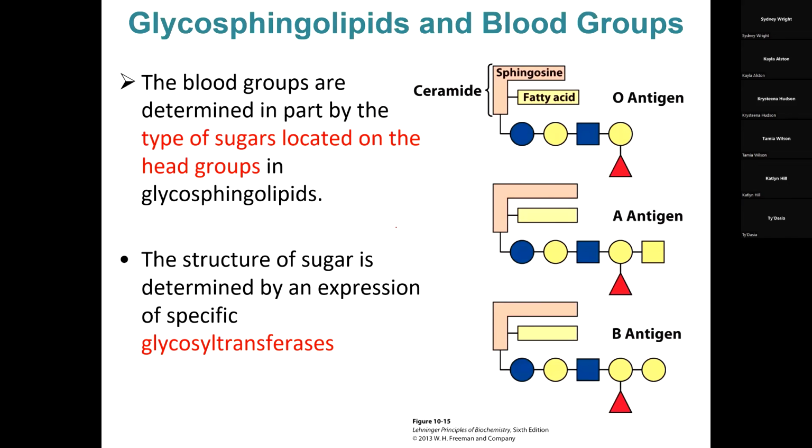So blood grouping. This is what makes up the blood grouping. So remember, these are molecules, the lipids that are on the bilayers of cells.